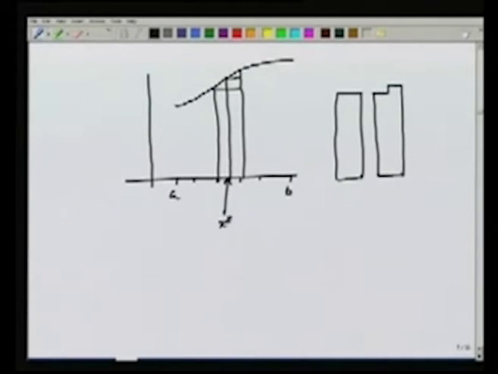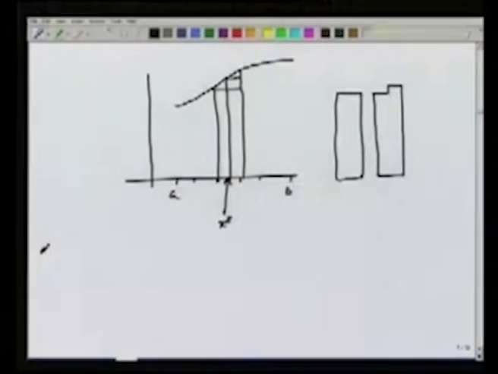You can very easily see now that by putting an extra point, the new rectangles which I am getting are giving a bigger area. So mathematically, what I have drawn so far can be explained in the following way.